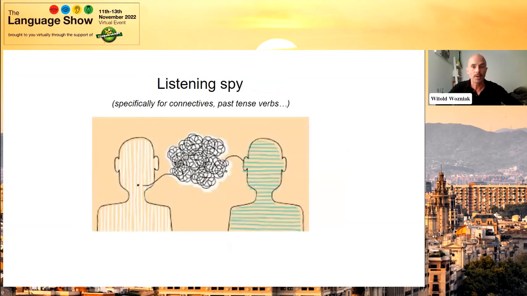So Listening Spy, it's a game where you use whiteboards and you ask students to be spies and listen specifically for something you are focusing on during a lesson, whether it's listening for connectives, and they can be maybe just noting connectives, or maybe how many past tense verbs.